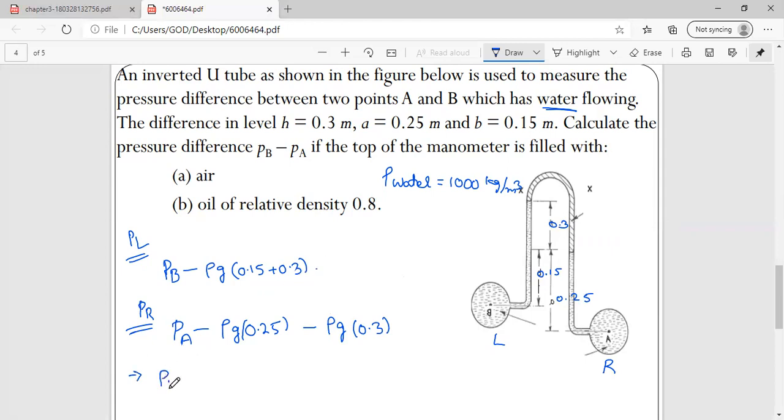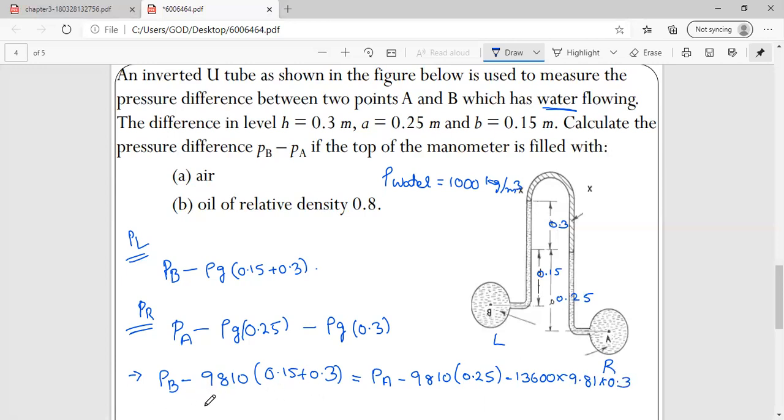That means PB minus rho g, where rho is 1000 and g is 9.81, so in total 9810 into (0.15 plus 0.3) is equal to the pressure in the A limb, minus rho g for 0.25, which is water, so 9810 into 0.25, minus rho g for the manometric fluid, where rho is 13,600 and g is 9.81, into 0.3.